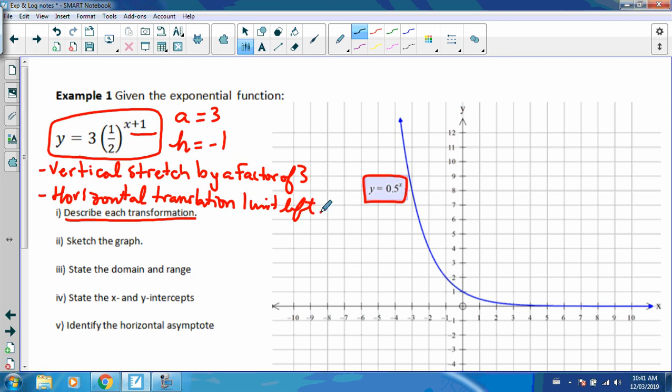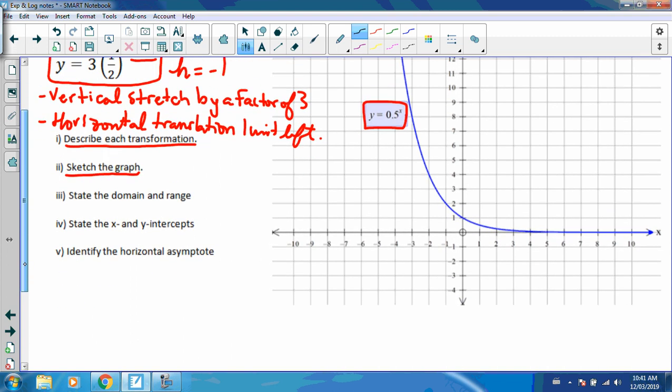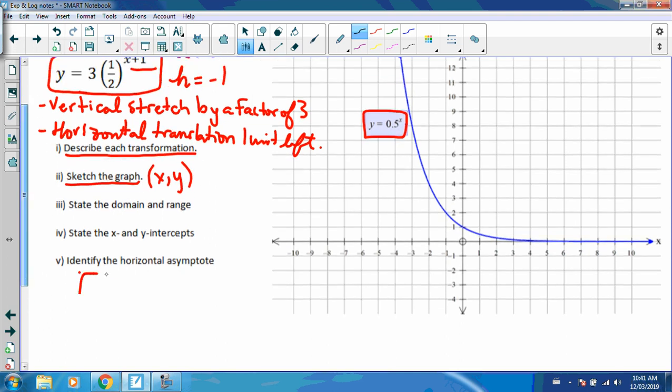All right, so now to sketch the graph, what I want to do is come up with some points that are on the original and then see where they end up using mapping notation. So here, my mapping notation is going to be x, y on the original. If I think of a couple of values on the original, I'll do that in blue because the graph of the original is blue.